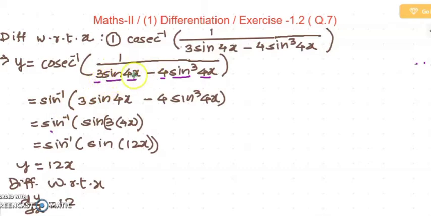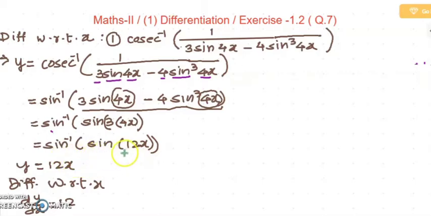So this becomes sine inverse of 3 sine 4x minus 4 sine cube 4x. Then the formula which we use inside this bracket is sine 3 theta is 3 sine theta minus 4 sine cube theta. So it becomes sine inverse of sine of 3 into 4x, which is 12x.